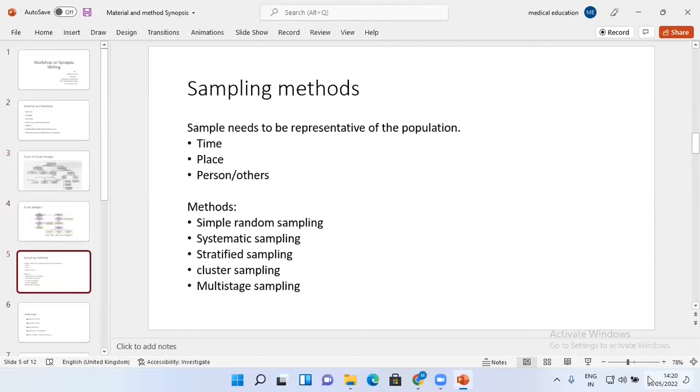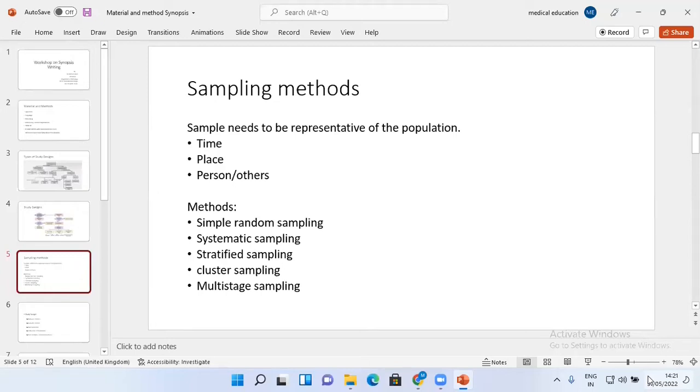Now, you have a large population. So the study population is huge, and you have to do the sampling from that particular population to arrive at a representative population for your particular study. This has to be done in three aspects. It should be defined in time, place, and person.